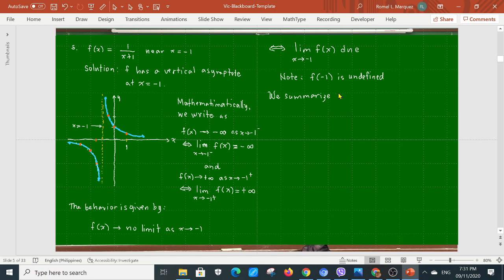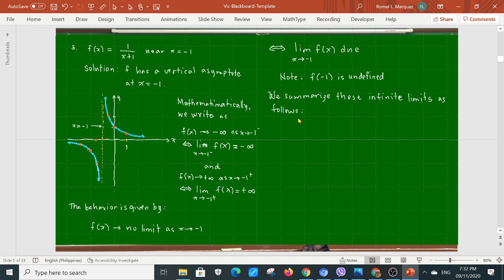These infinite limits, meaning the limits are infinite, mean the limits do not exist. So, how do we properly write a limit which is infinity?